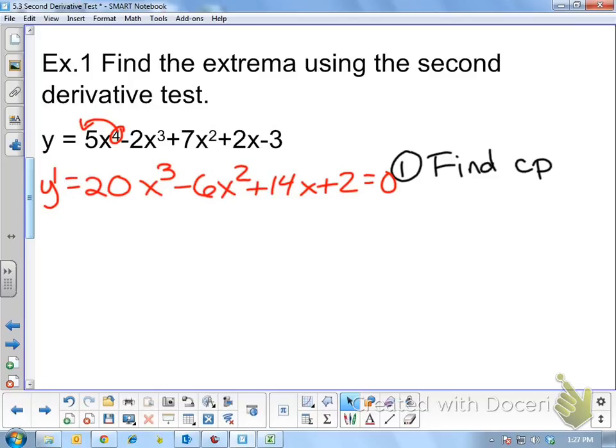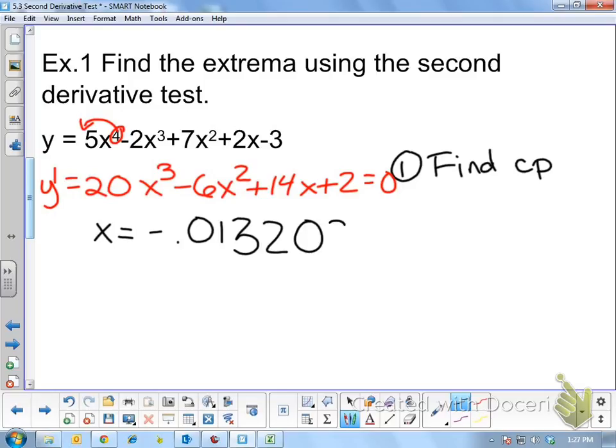X equals negative 0.132088. Is that what everyone else is getting?